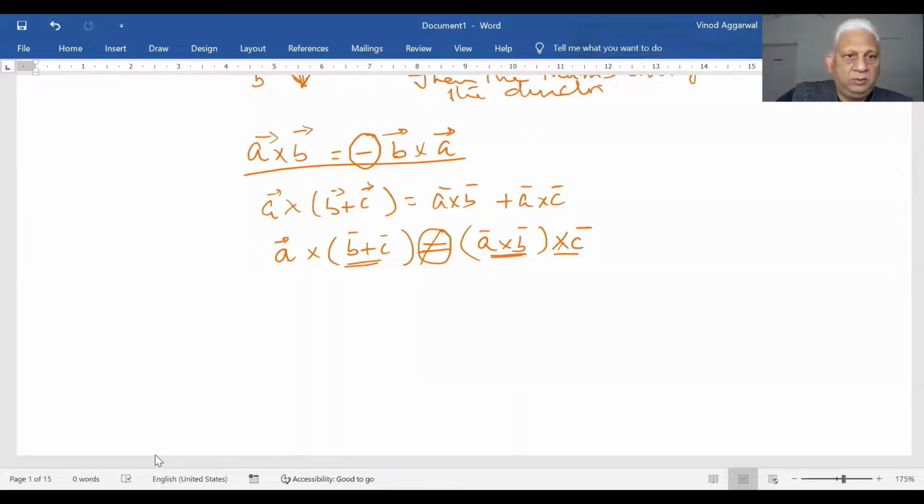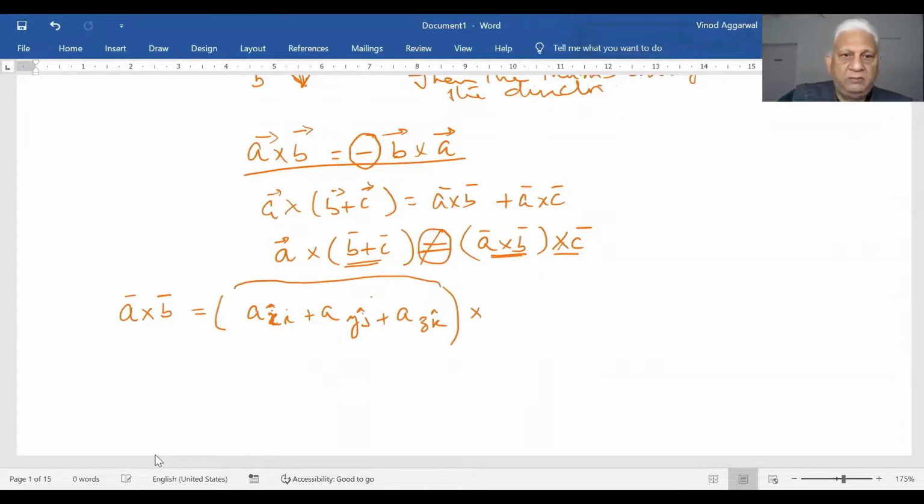Now, if we want to compute A cross B, it is best to do it component wise, like what we did earlier with the scalar product. A is ax i plus ay j plus az k, cross B, which is bx i plus by j plus bz k.